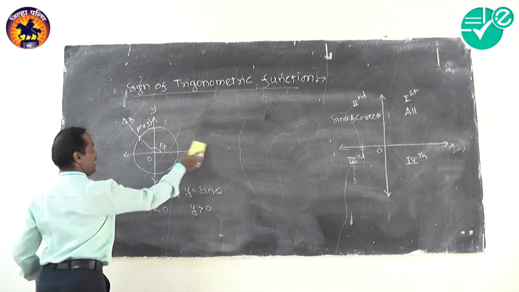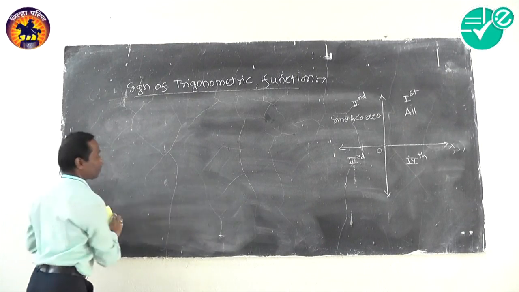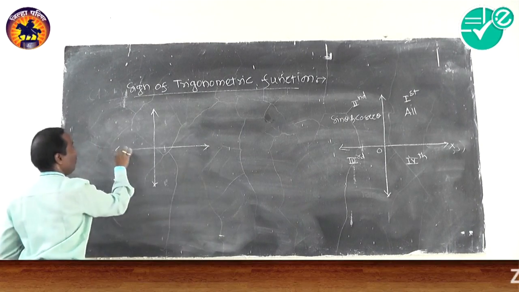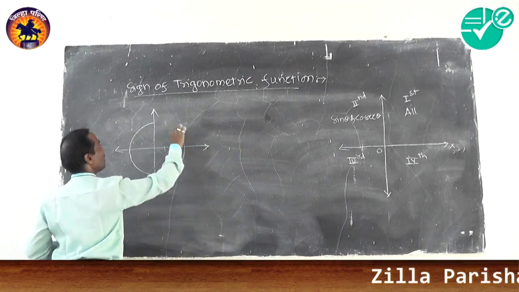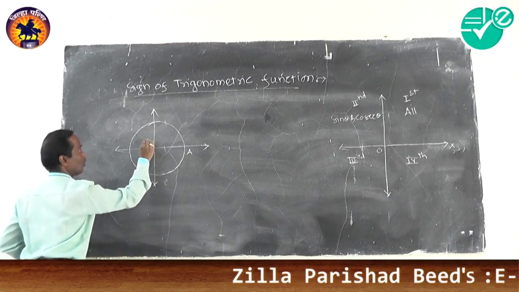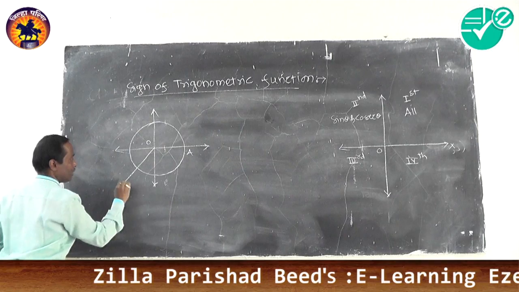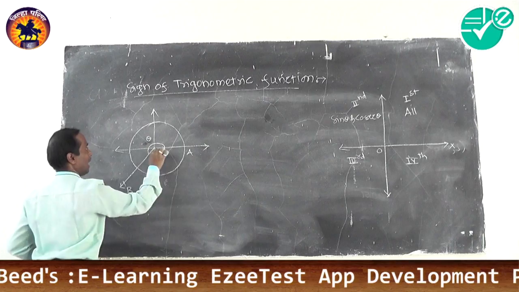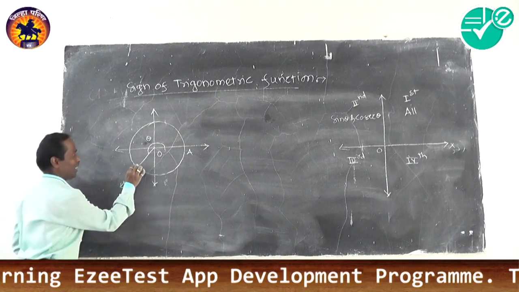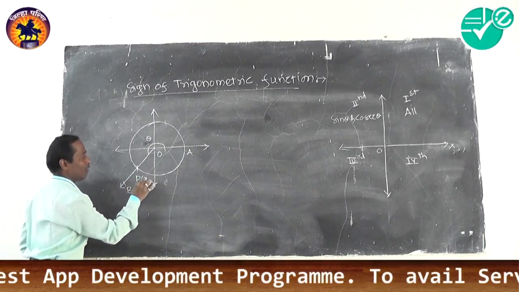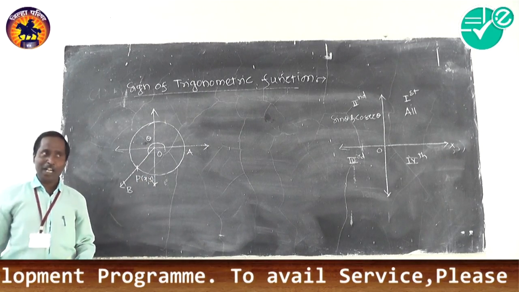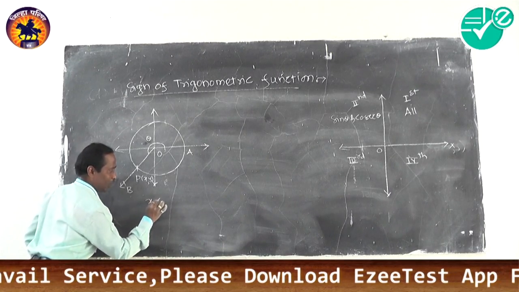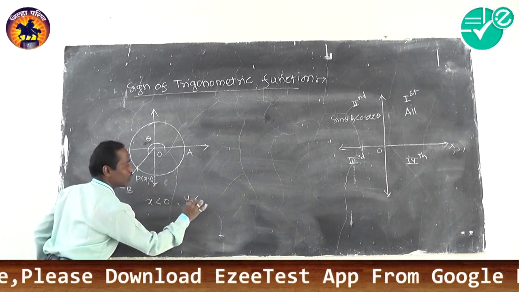Now theta lies in the third quadrant. Angle AOB, the measure of this angle, is theta, and theta lies in the third quadrant. Then the point P, x comma y, lies on a standard unit circle. Here x is negative and y is also negative.